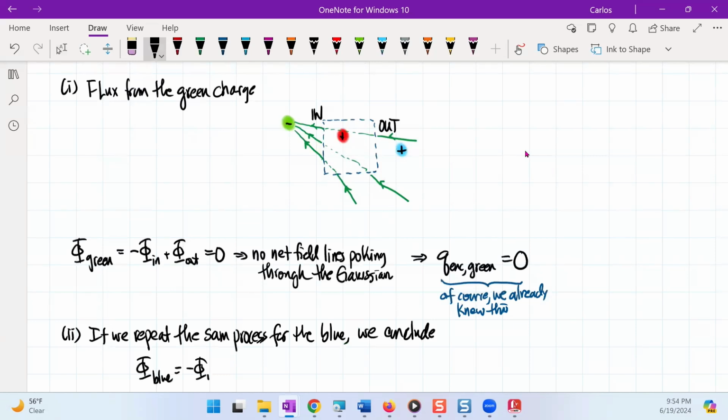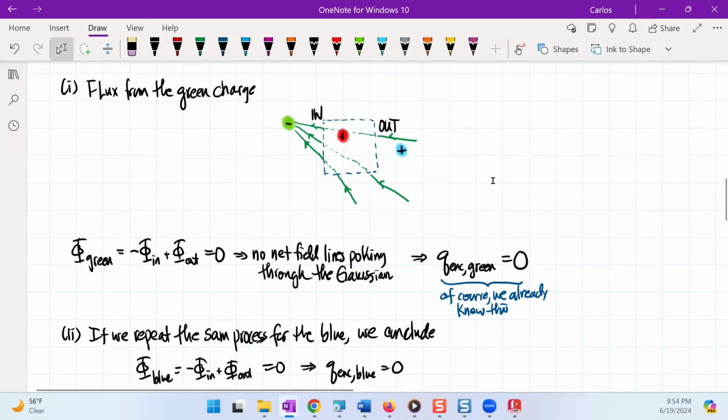I'm going to have a flux coming in. I'm going to have a flux going out. And of course, that's zero, which then says that in the Gaussian, there is no blue charges there. What a surprise.